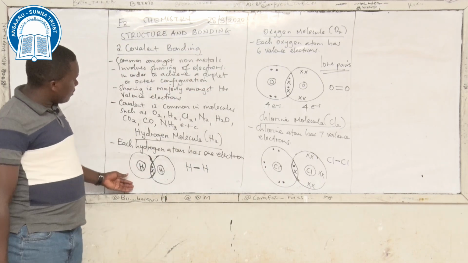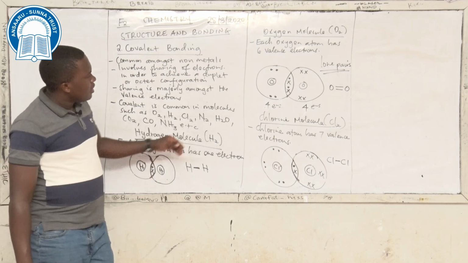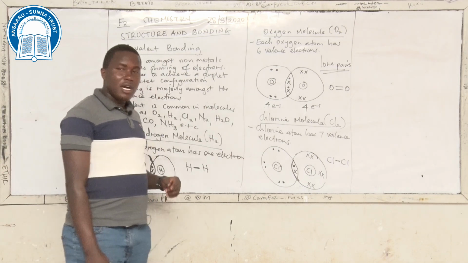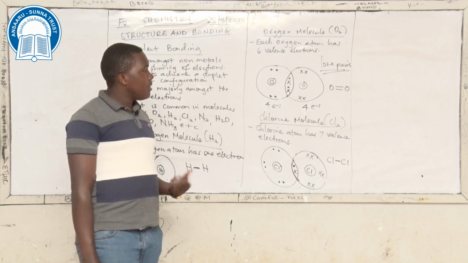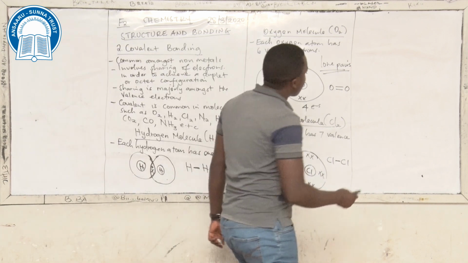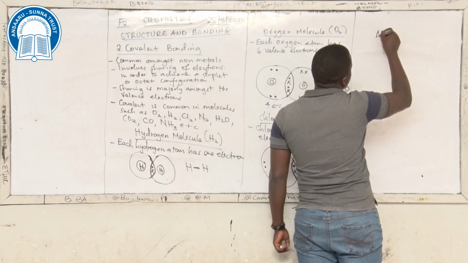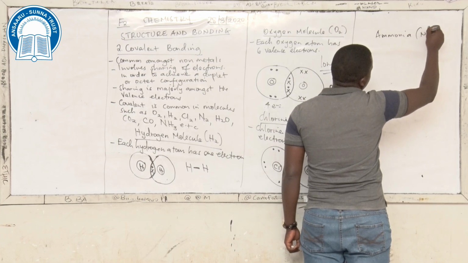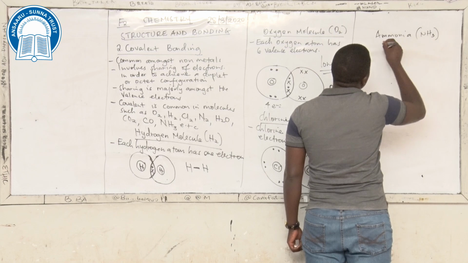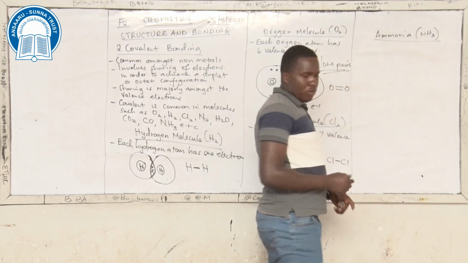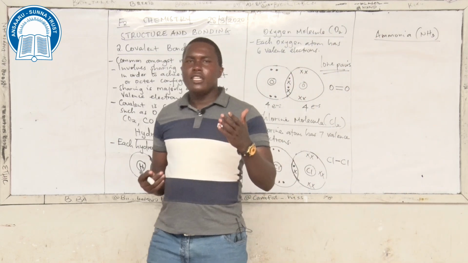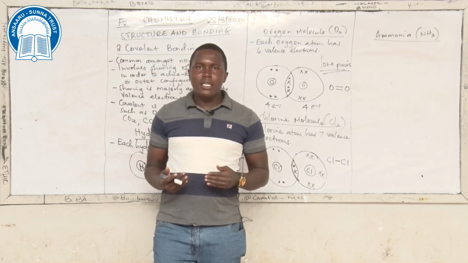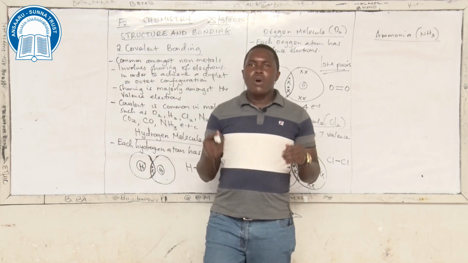So from the 3 molecules, you can see they are made up of atoms of the same element. But sometimes you can have a molecule like ammonia, which is NH3. So in ammonia, you have 3 hydrogens covalently bonded to 1 nitrogen atom.